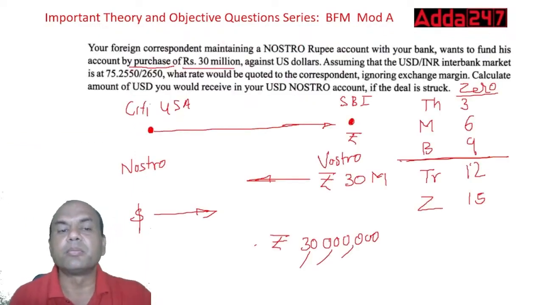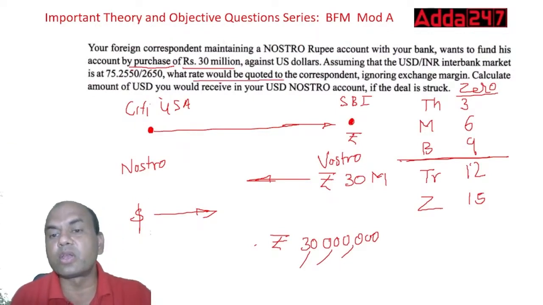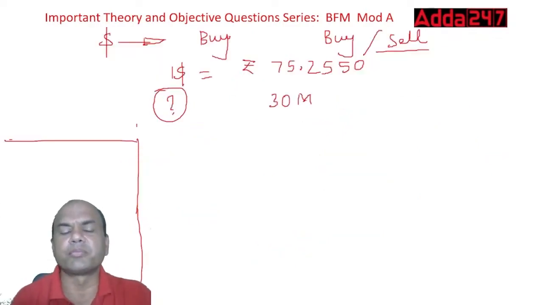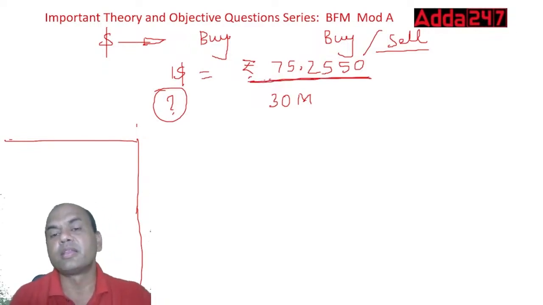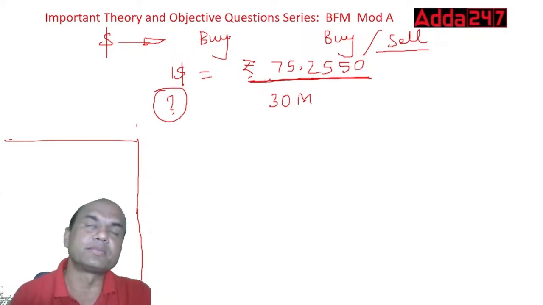The main two questions are: calculate the rate. What rate would be quoted to this customer, ignoring exchange margin? There is no exchange margin, so whatever rate has come, you will directly give him. The rate to be given to that customer is 75.2550. This is the rate quoted because we don't have the margin.